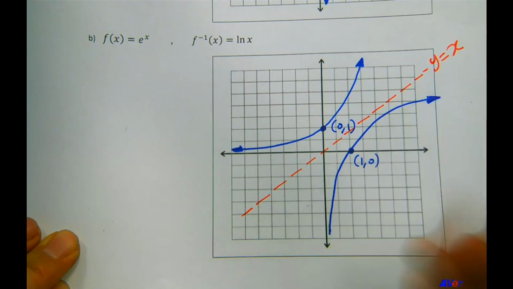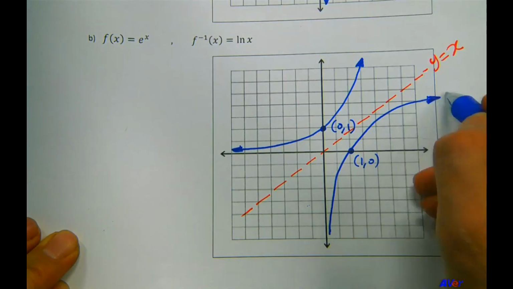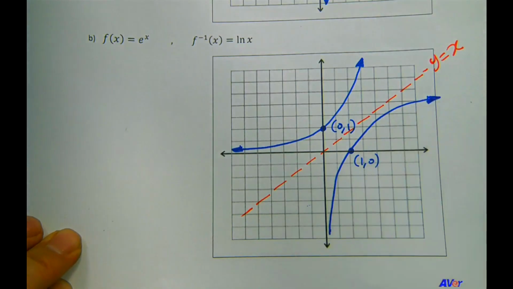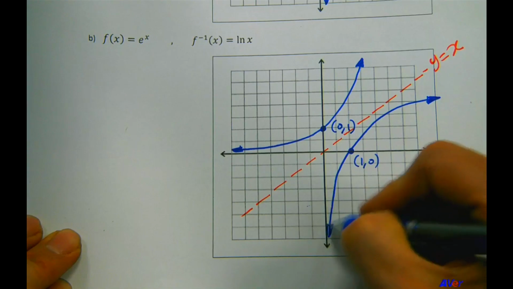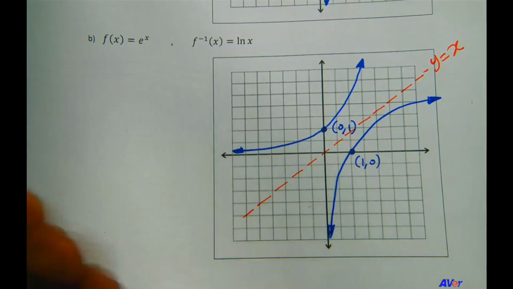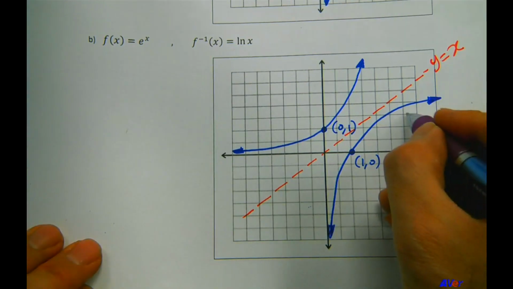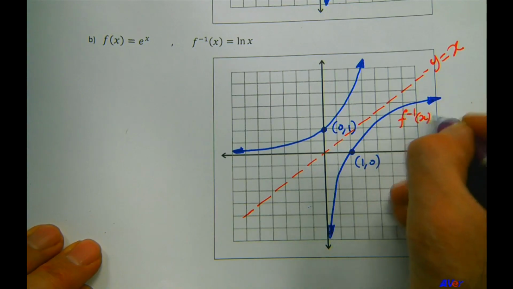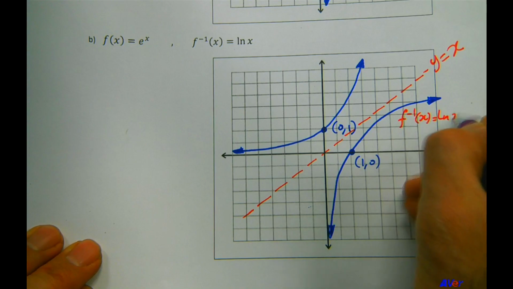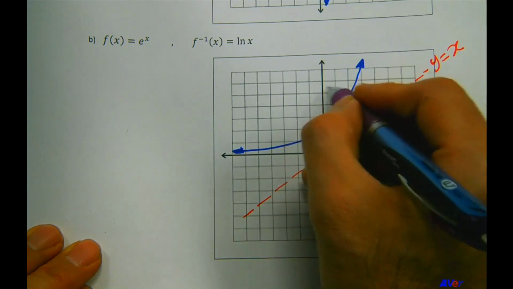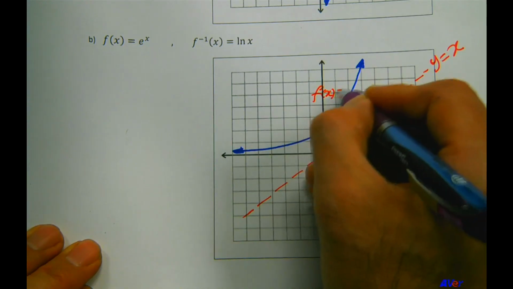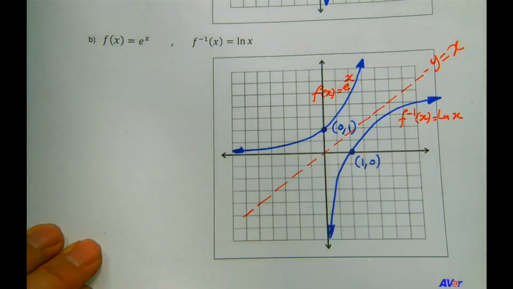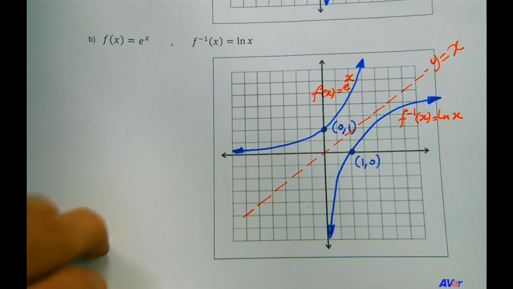It's not going to curve back down, but it's curving like that, and it's increasing. Okay? So this is f of x equals natural log of x, and this one is f of x equals e to the x. Okay, they're inverses of each other.